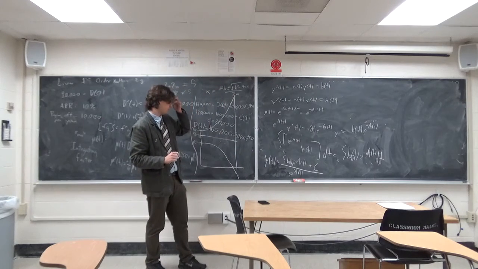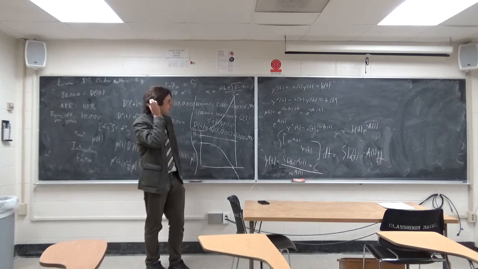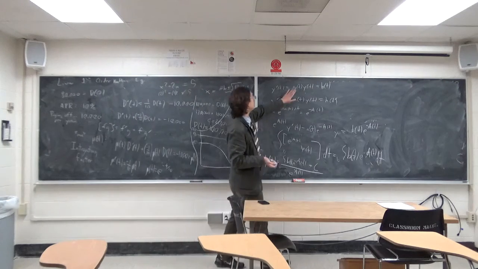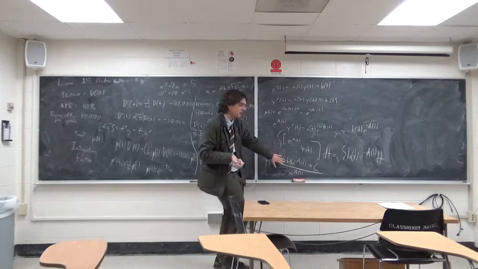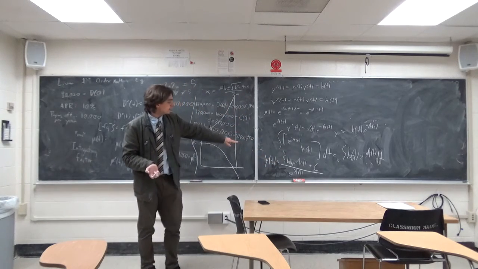That's our solution, and that's the general solution. What's great about that is, if I just know a and b, I can plug that in directly. Now, I don't recommend doing that.